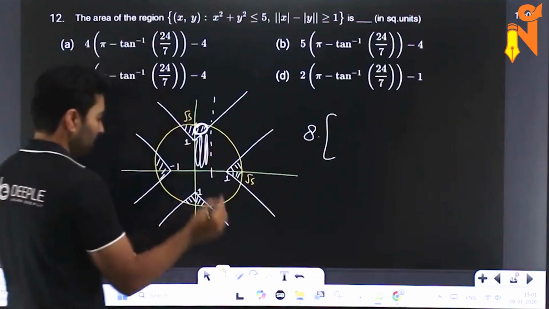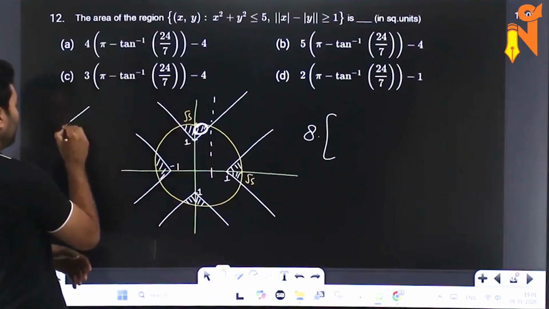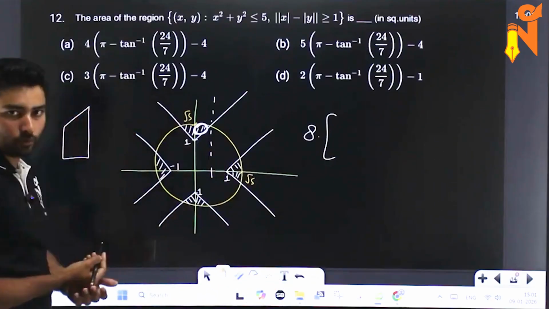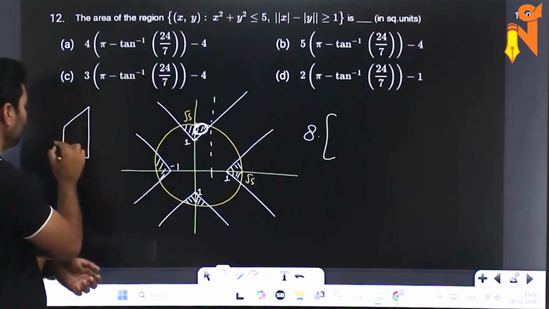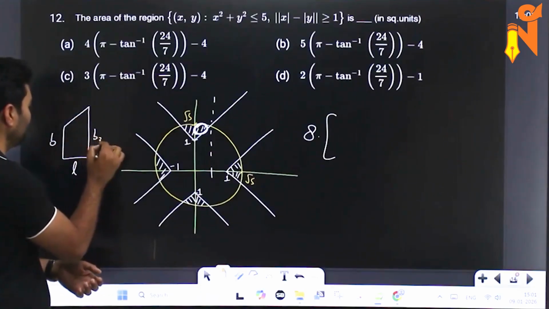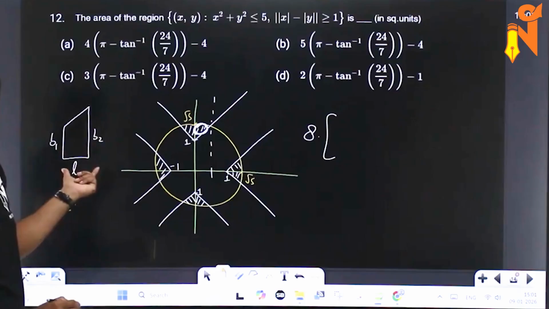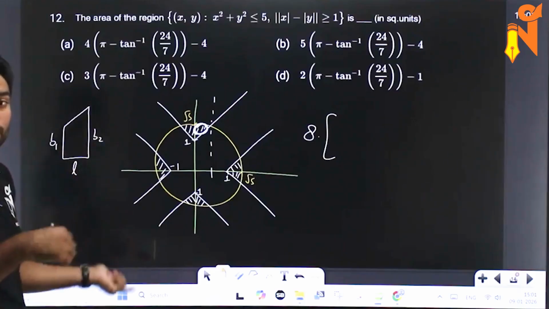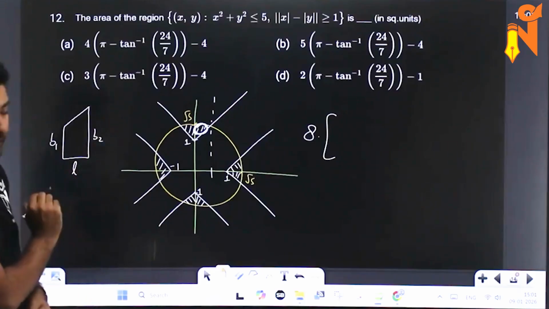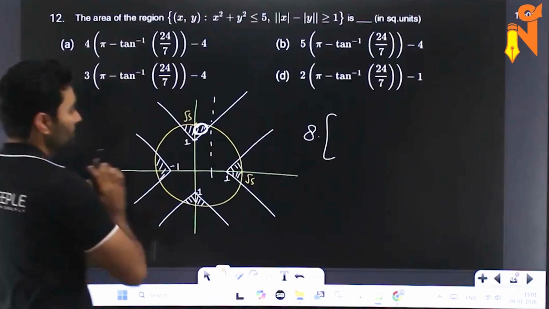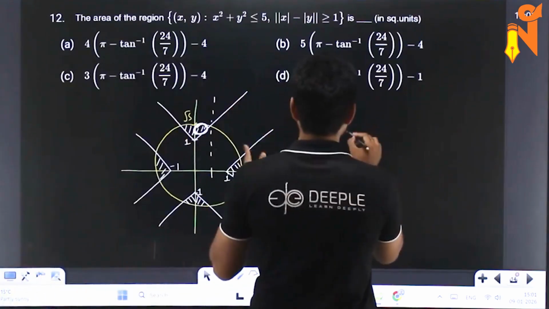This is actually a simple structure which you already know. Area will be equal to half into L into B1 plus B2, let's say. I hope you know this formula. Now what will the area of this be? Circle area.